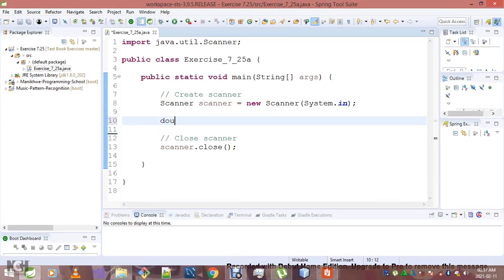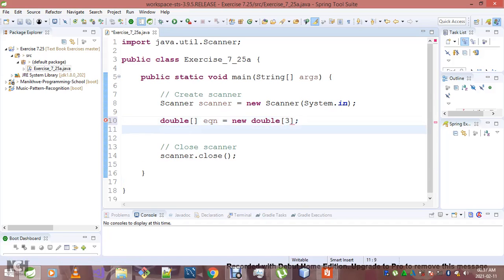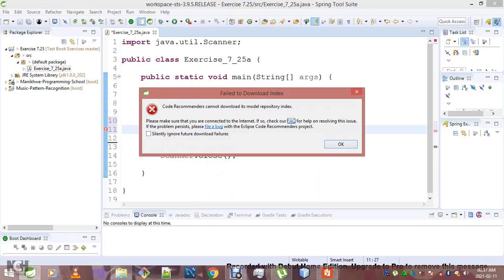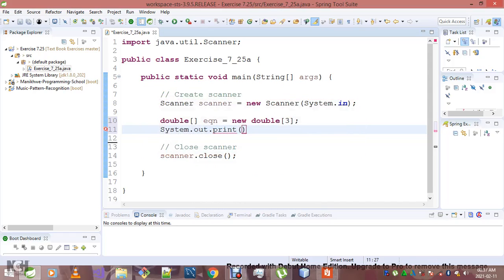I want to have a variable called double equation, which is the array that will hold the coefficients. System.out.print. Now I've got to prompt the user.